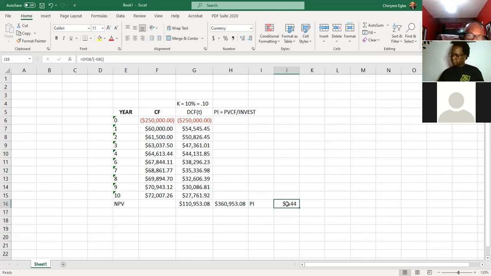Of course, if the PI is greater than 1, you accept the project. If the PI is less than 1, you don't take the project. Well, if the NPV is positive, then the PI will always be greater than 1. So this is why I don't spend my time talking about it. That's very easy to do.